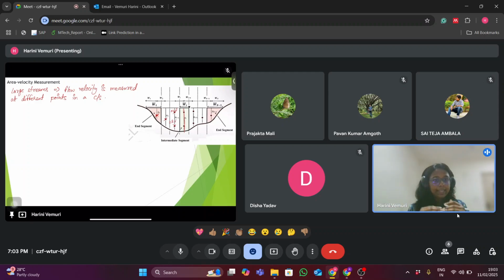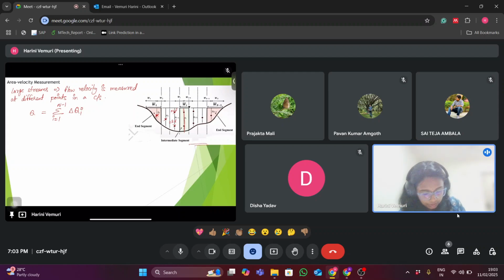So like this, we will be taking measurements in large streams. Okay. In this case, first we cut the cross section into n minus 1 sections as shown in this figure. Okay. And the total stream flow will be equal to the sum of the stream flow calculated in each of these n minus 1 sections.